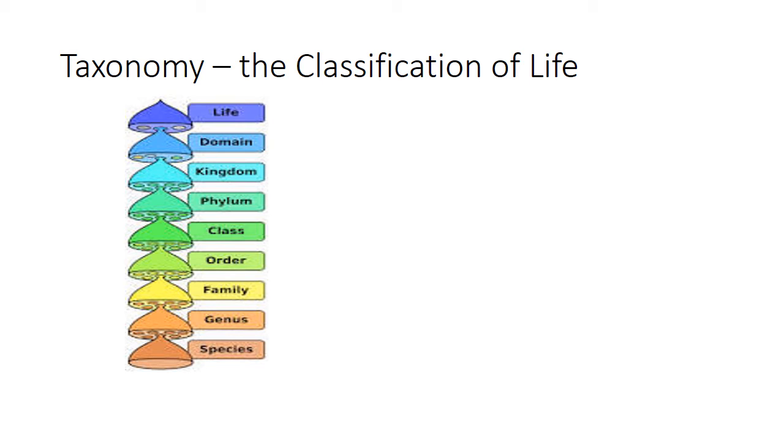For example, domain eukarya has kingdom planta, plants, kingdom animalia, that's animals, kingdom protista, protists, and kingdom fungi, yeast, mold, mushrooms. Then each kingdom has inside it phyla, plural phyla, singular phylum.